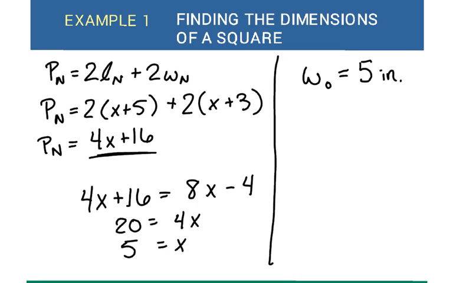And our original length of this rectangle was x plus 2, so 5 plus 2 gives us 7 inches. So there we have it, our original dimensions of our rectangle. We just found them.